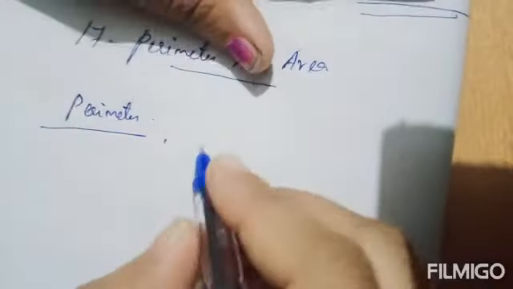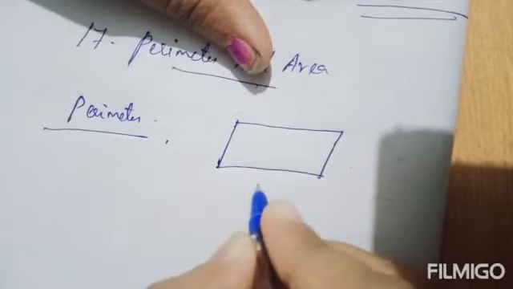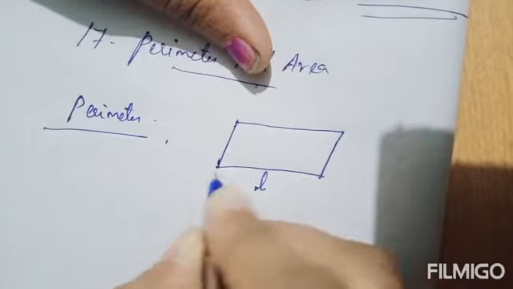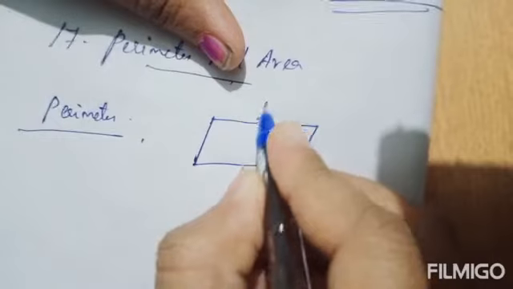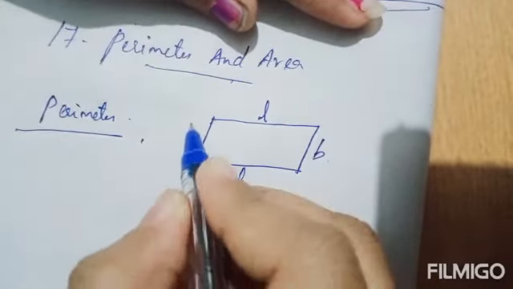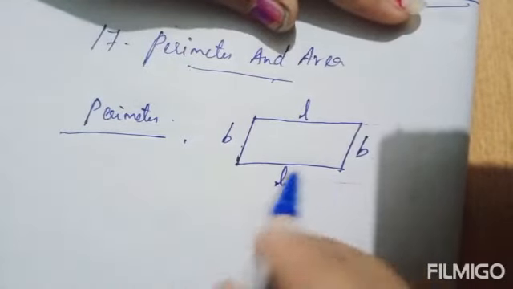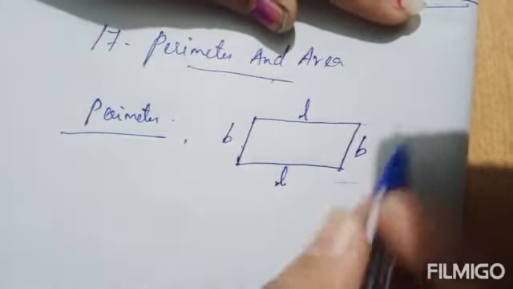Okay, let us take a rectangle. This is length, this is also length, this is breadth, and this is also breadth: 2 lengths and 2 breadths. So what will be the perimeter of the rectangle?